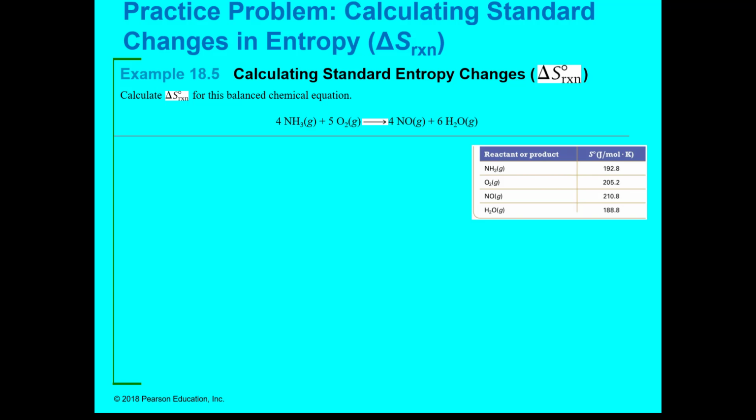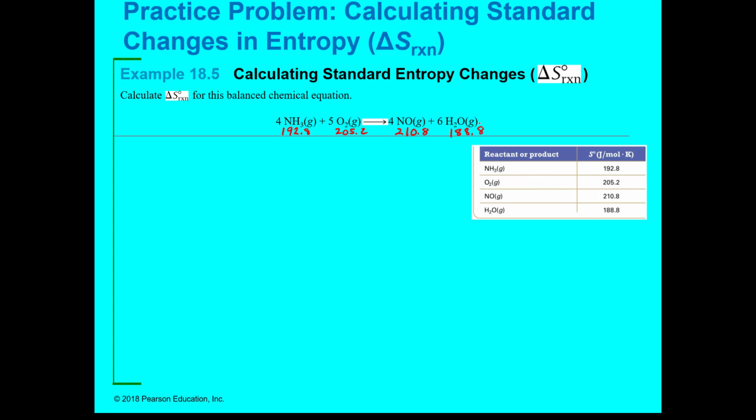And so, as I like to do, I'm going to write my numbers underneath. 192.8, and these are all joules per mole K. 205.2, 210.8, and 188.8. So in entropy, they all have entropy.